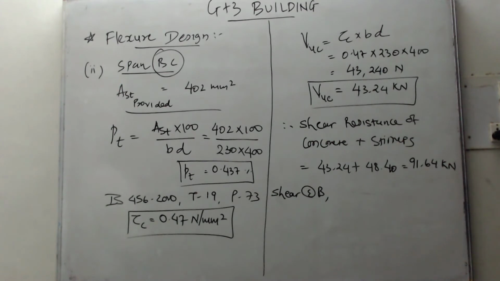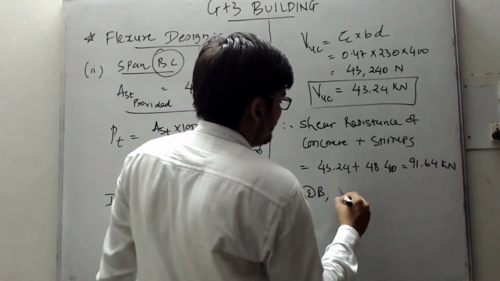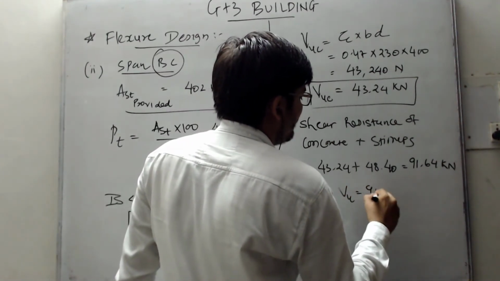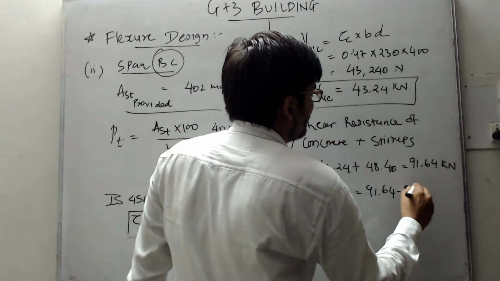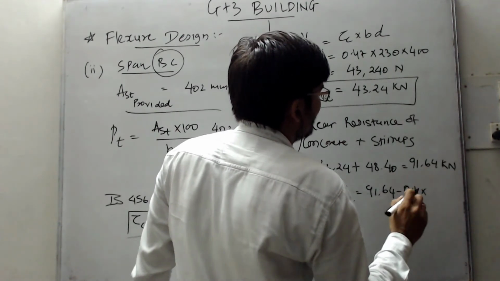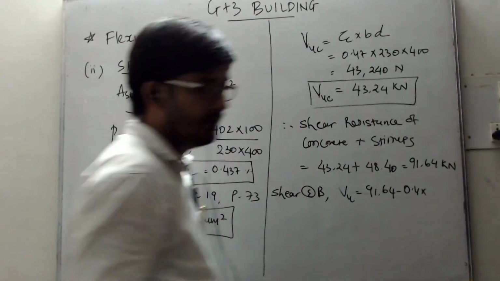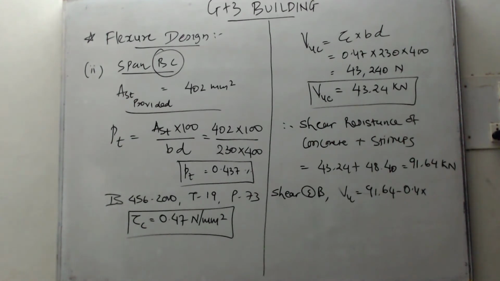So VU is equal to 91.64 minus 0.4 multiplied by the UDL value in the span BC. The UDL value in the span BC is 46.82.